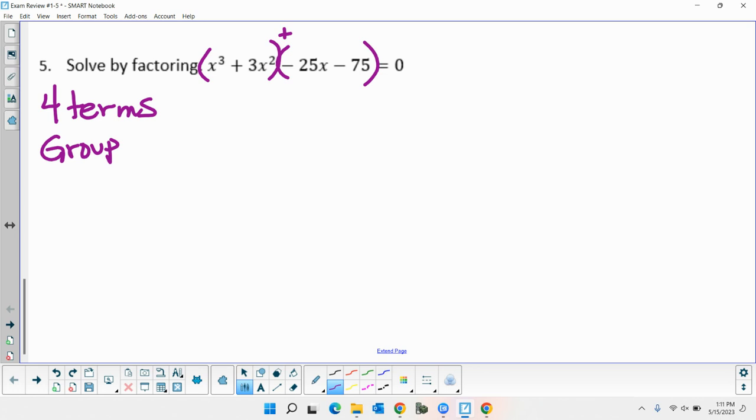And then once we know we're grouping, we're going to look for a GCF from each group, right? So what's the GCF of the first group? x squared. Good. What's the GCF of the second group? Yeah, negative 25. Whenever that 3rd term's negative, pull that negative sign out.